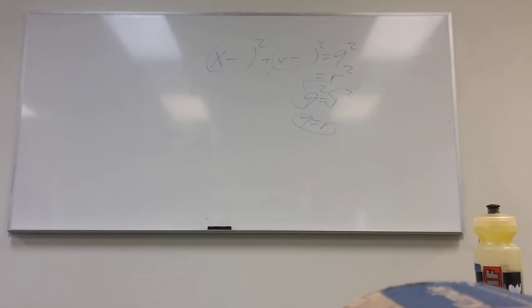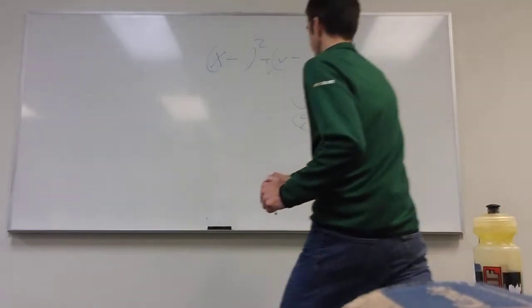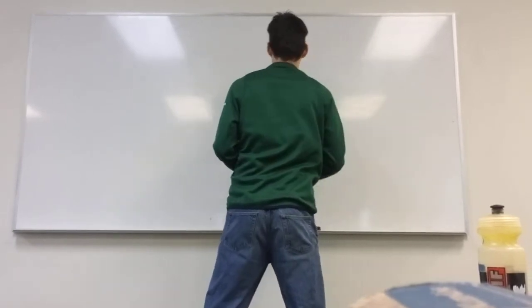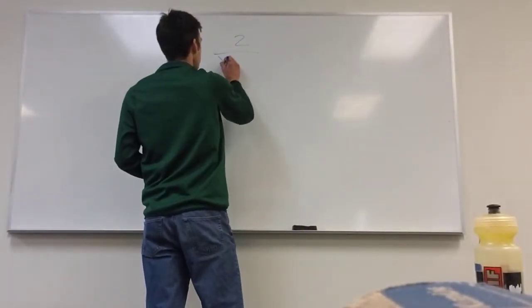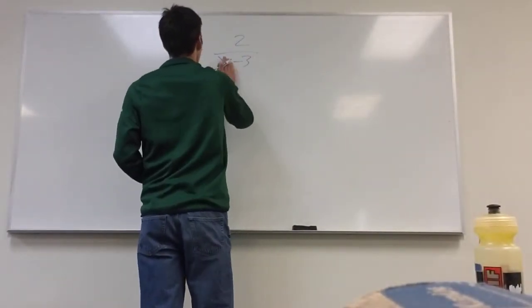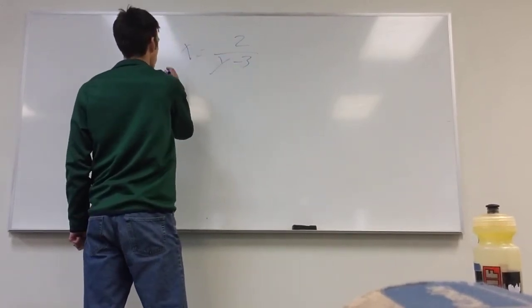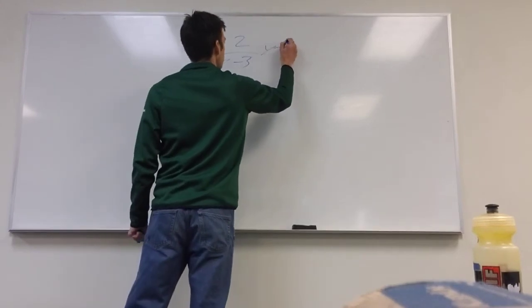For the following functions, determine if they're invertible. Here I've got another one, 2 over x minus 3. That's invertible. Okay. 2 over x minus 3, so y equals, so here to find the inverse, swap x and y, so then I'm going to multiply both sides by y minus 3.